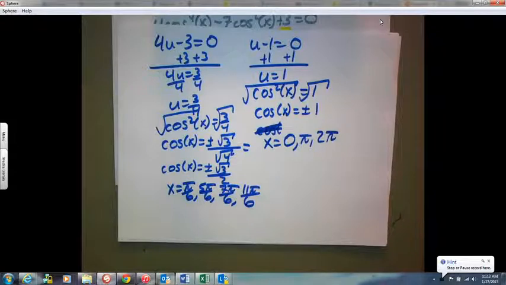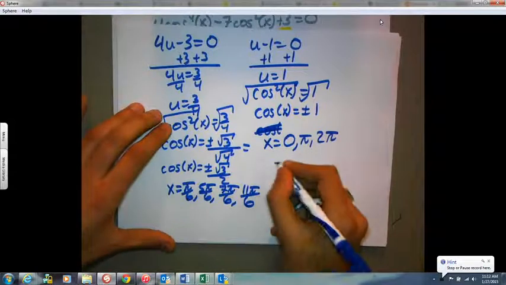And then, because it's going from negative infinity to infinity, we need to add the 2 pi k onto each answer.